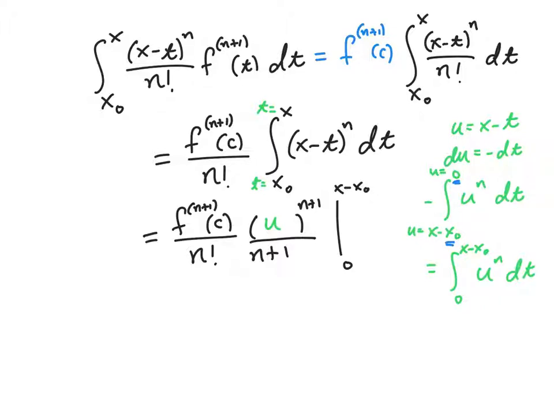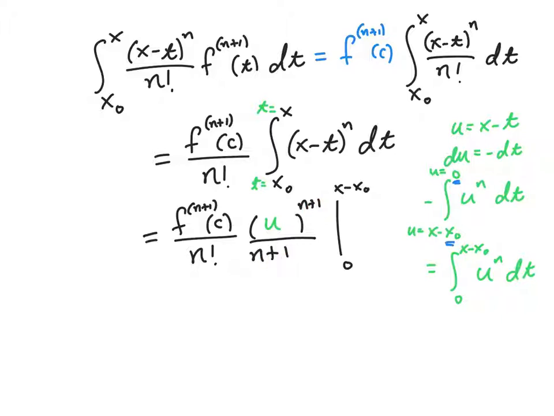And so if I swap the order of integration and I go from 0 to x minus x naught, then I change the sign of the integral, and now I have a positive integral, so that minus sign will go away. And I'm integrating now u, and I've changed my limits of integration from 0 to x minus x naught by doing the U-Substitution. And so when we integrate that u to the n, we get n plus 1 for the exponent, and we're dividing by n plus 1.